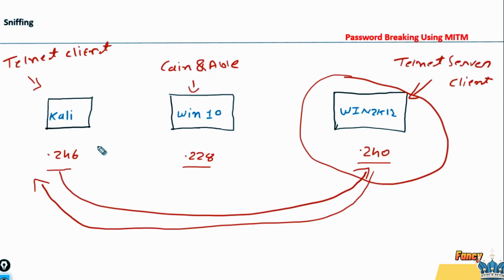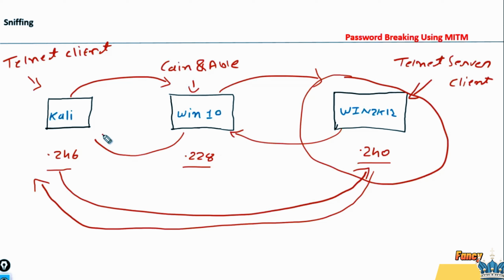So when Kali Linux tries to establish a connection with Win2K12, it will first send traffic to the Windows 10 machine, and then Windows 10 sends traffic to Win2K12, and Win2K12 responds to the Windows 10 machine, and then Windows 10 provides data to Kali Linux.